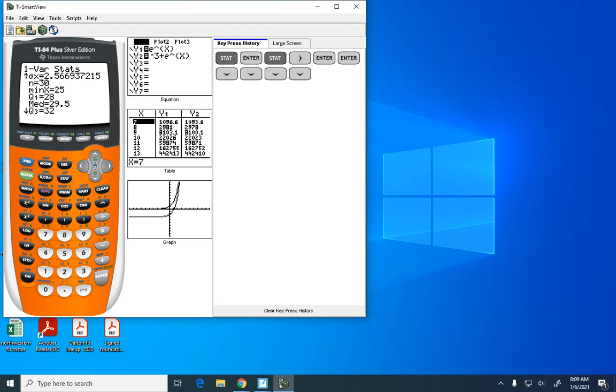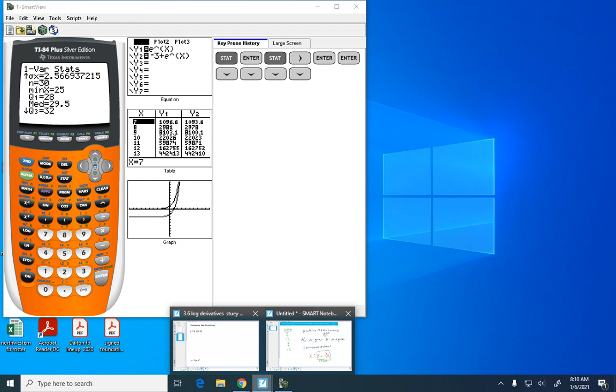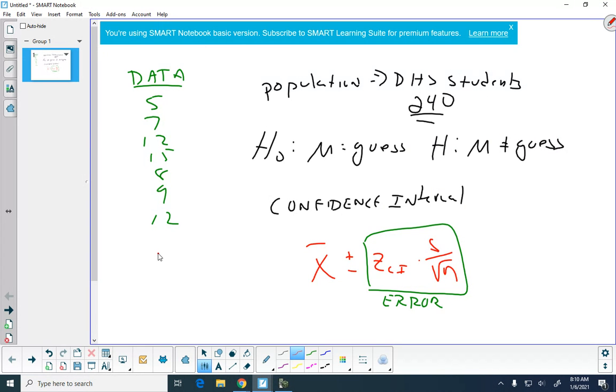With that 5-number summary, you can do your box and whisker plot.